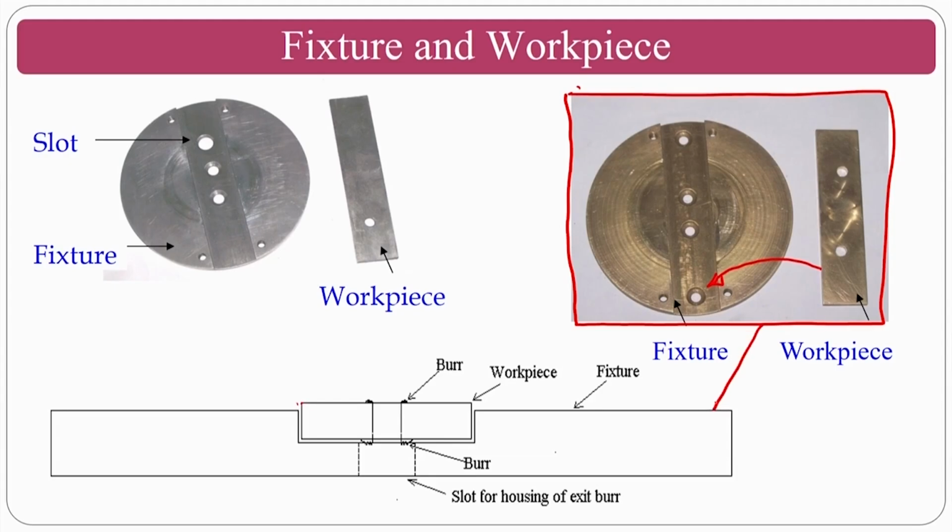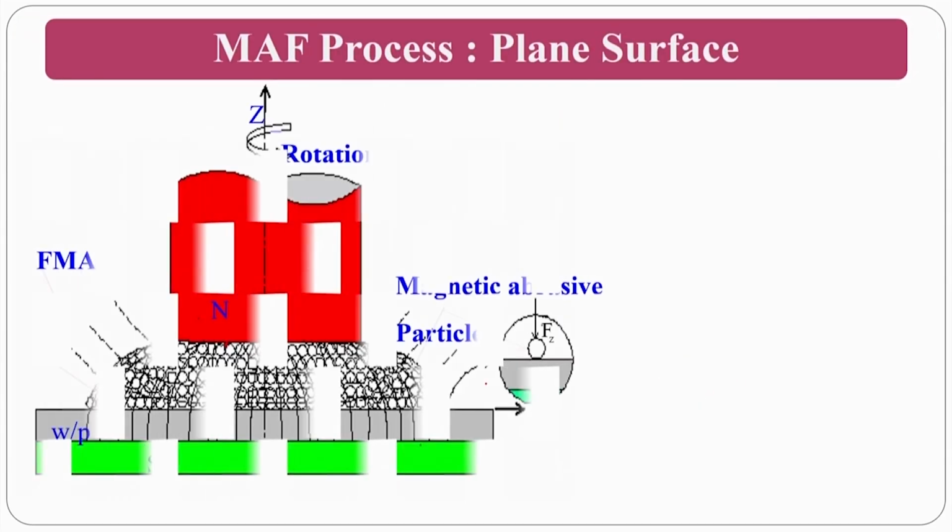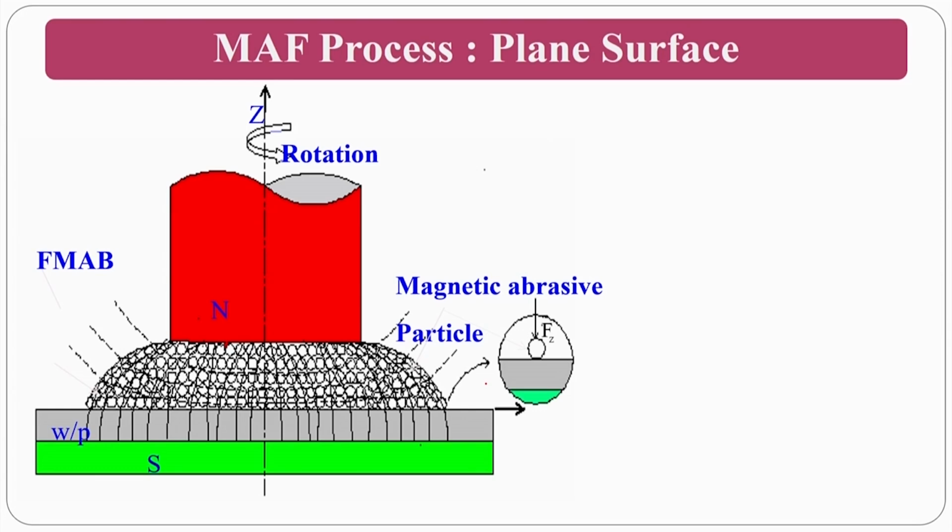If you see this particular assembly, you have the fixture here and you have the workpiece here. The burrs are there and these burrs are to be removed. So we will use the similar setup, that is the MAF process, for the plane surfaces only, because we want a plane surface.